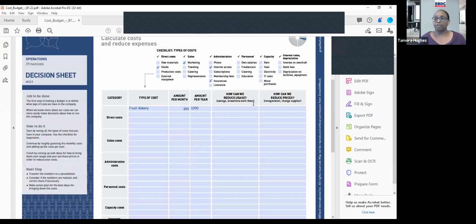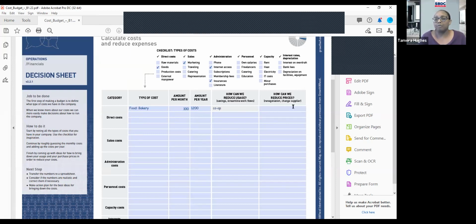We all need sugar, so we buy those items in bulk. Instead of buying just one item going to a store, I can do it with a co-op and buy the items collectively and get it at a discount. That might be a way to reduce or save. So co-op might be my option.